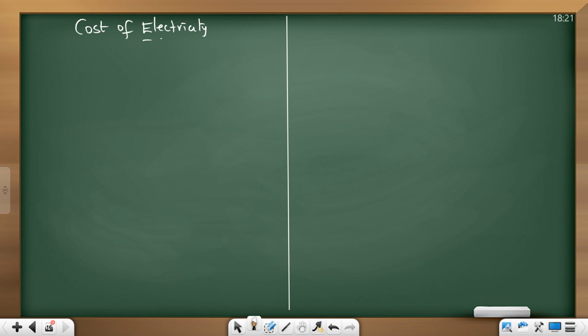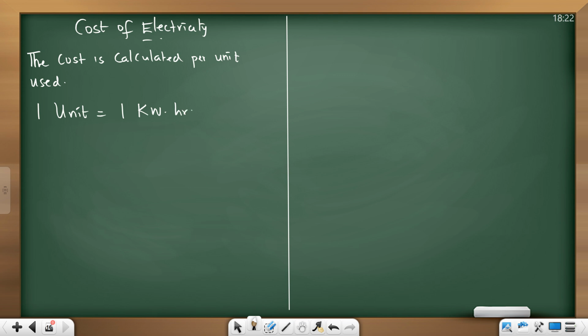Cost of electricity. The cost is calculated per unit used. And 1 unit is 1 kilowatt hour. That is, 1 unit of electricity is power times what?